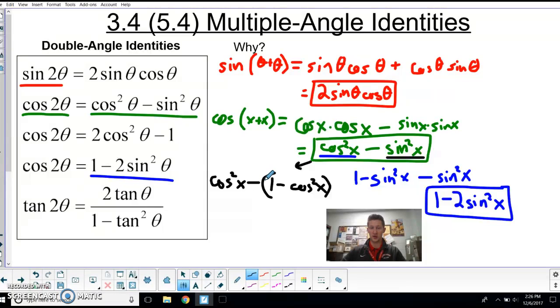So I'm subtracting the 1. I'm also subtracting negative cosine squared x, which really means I'm adding cosine squared x to the cosine squared x I already have here. And that's going to give me 2 cosine squared x minus 1, which would be the third double angle identity for cosine. Okay, so there's all 3 of those for cosine.